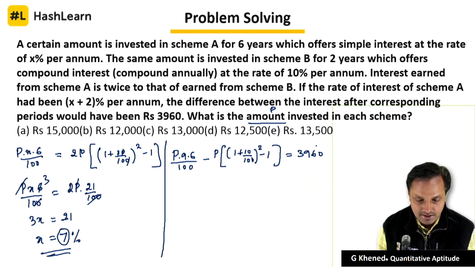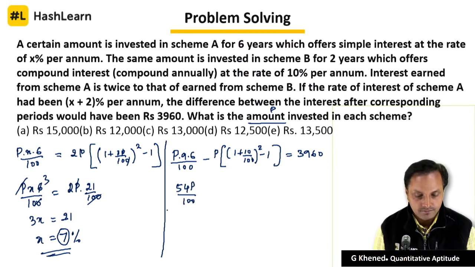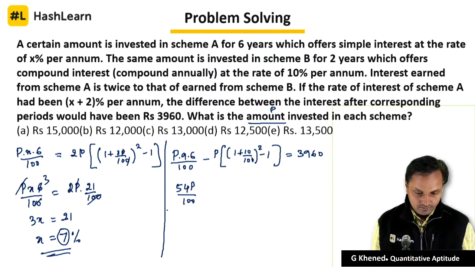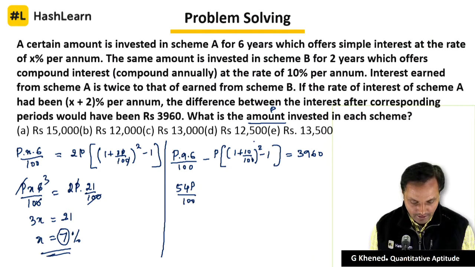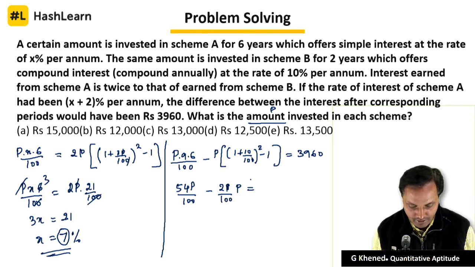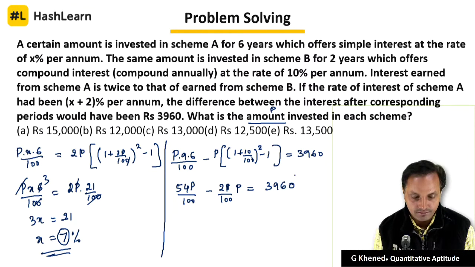So let us do the simplification here. 54 P by 100. If I do the simplification for this part, 21 by 100 into P will be equal to 3960.